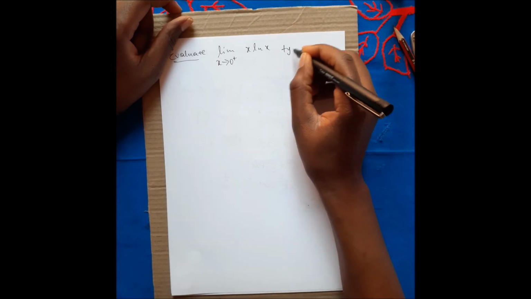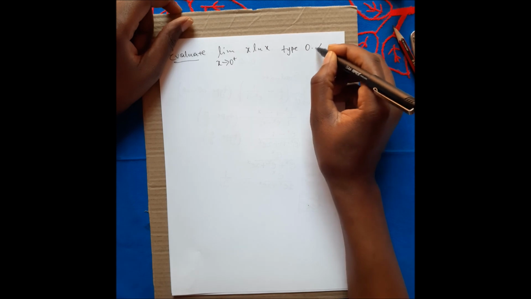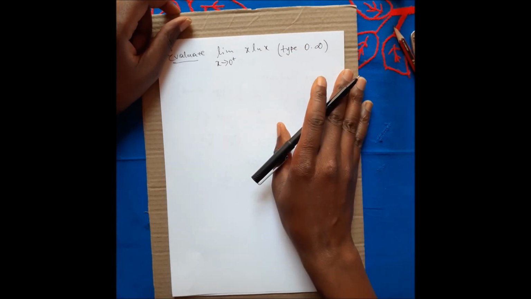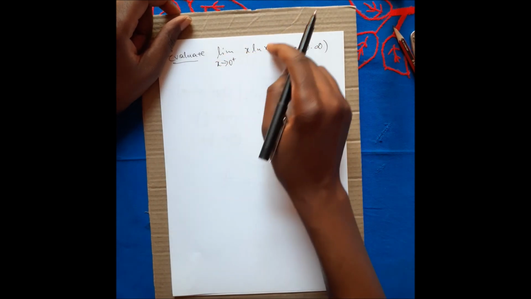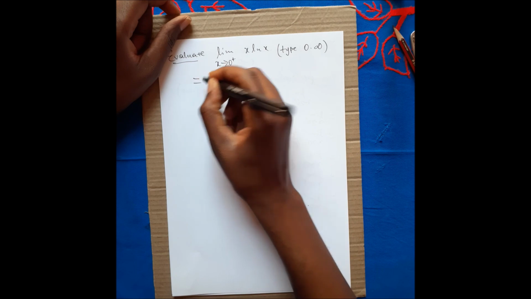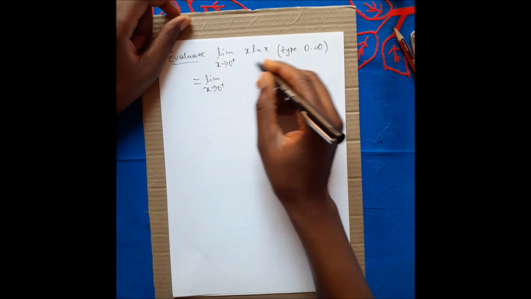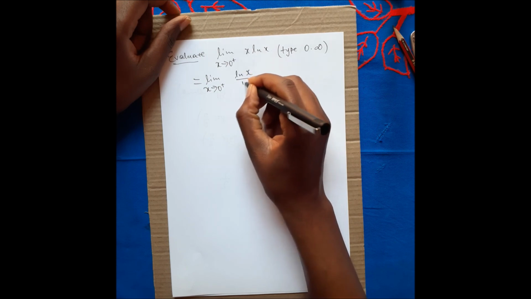So this is type 0 times infinity. We manipulate this and write the limit, x approaching 0 from the right, of ln x divided by 1 over x.